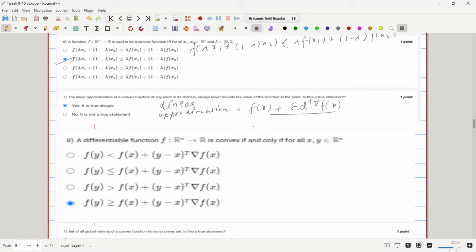Here d is the direction vector, epsilon is a small scalar step size, and this whole term d transpose gradient of f(x) is the directional derivative. And this is the formula for a differentiable function being convex if and only if x, y belong to the real dimensional vector space.